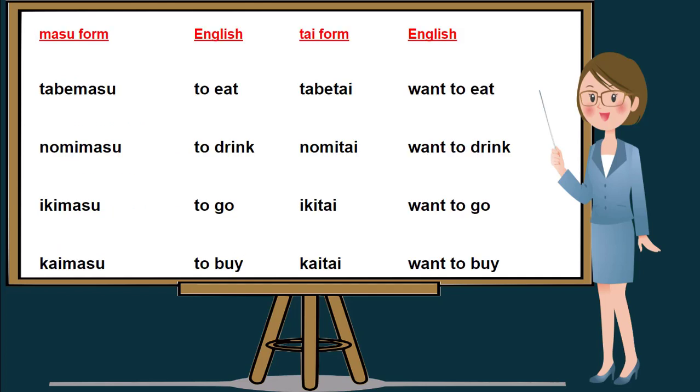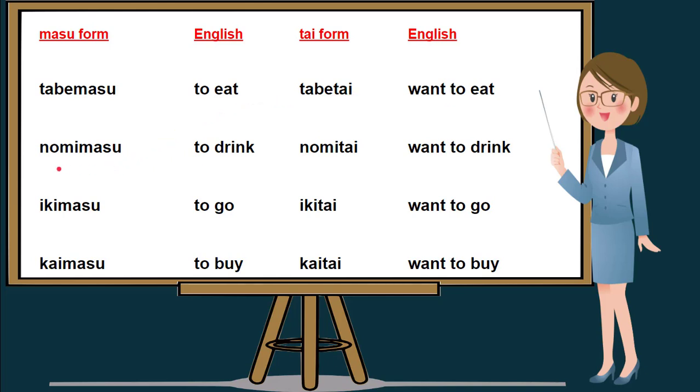Before we create more sentences using the tai form in Nihongo, I will walk you through different examples of verbs plus the masu form and the tai form. For example, tabemasu, which means to eat. If we add tai at the end of tabe, which is tabetai, it means want to eat.